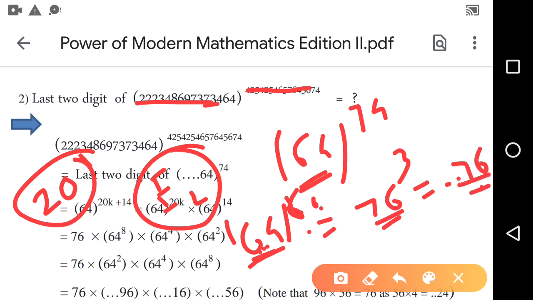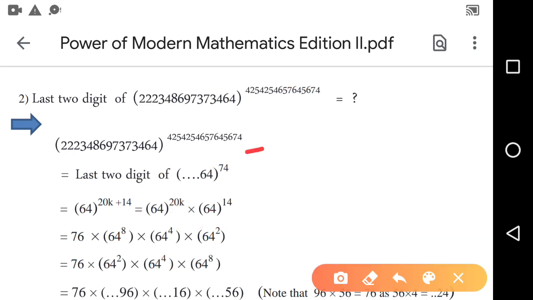Now we have to multiply it by 64 raised to 14, so that it becomes 64 raised to 74. So 76 into 64 raised to 14. Now let us calculate 64 raised to 14.